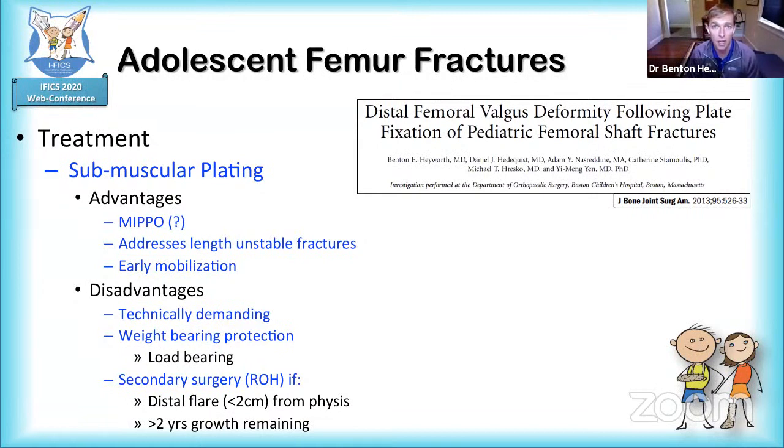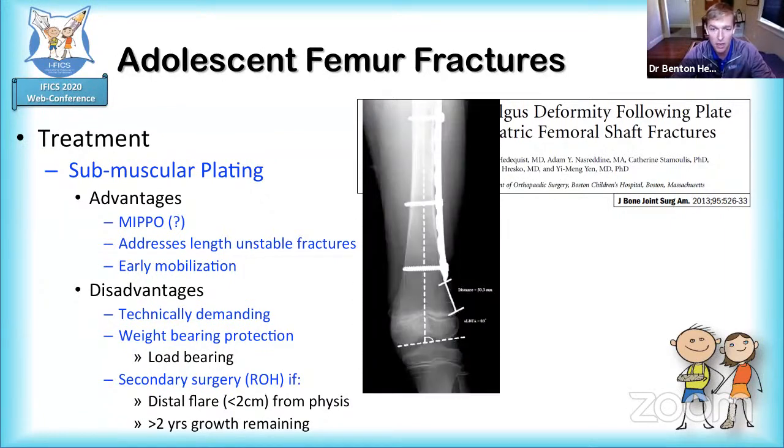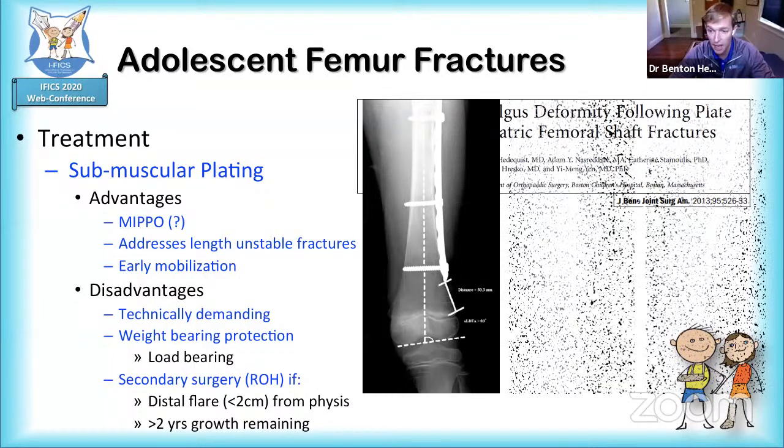Boston Children's and Denver Children's were amongst some of the earlier institutions to adopt it. So we had a number of cases to look at with Dr. Hedequist and Tim Resco. And so I looked at the position of the plate relative to the physis, as well as all the alignment parameters radiographically in patients over time.